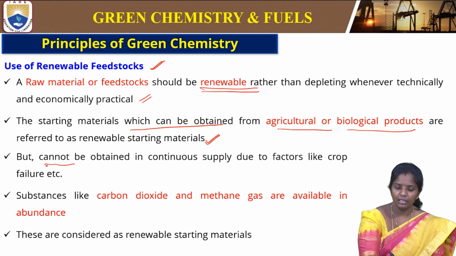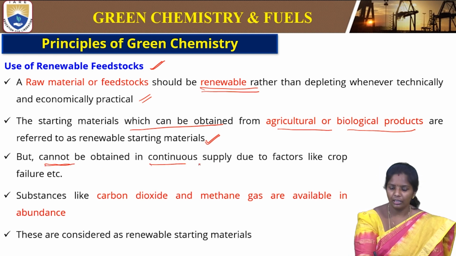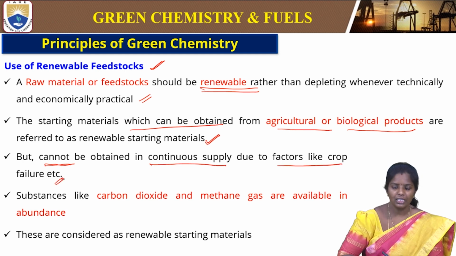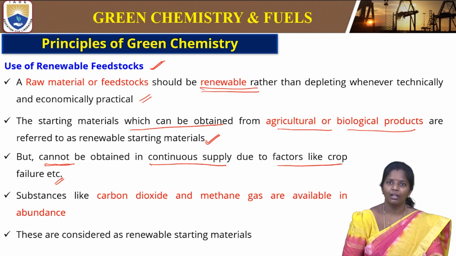But this has one disadvantage: they cannot always be obtained in continuous supply due to factors like crop failure. The supply will be in trouble only in cases of crop failure, and then there will be obstacles in continuous supply.